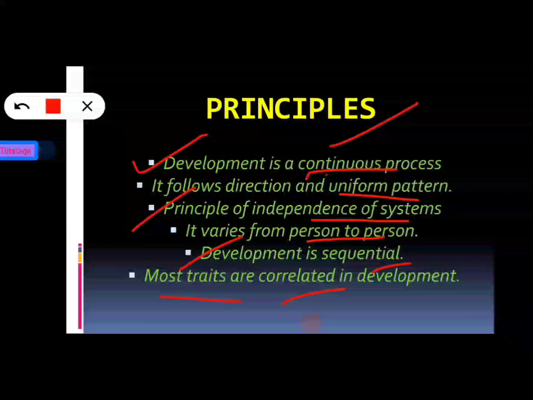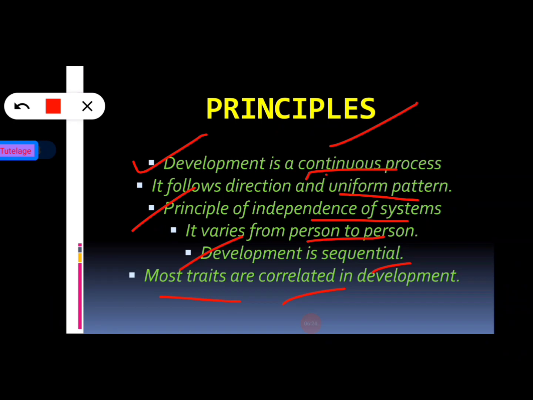So I think this is clear what is development and what are the principles of development. So development is a continuous process. It follows always a direction, uniform pattern, sequential pattern. It varies from person to person, and it follows the principle of independence of systems, and all traits are correlated in development.